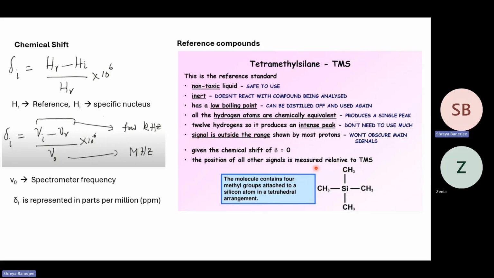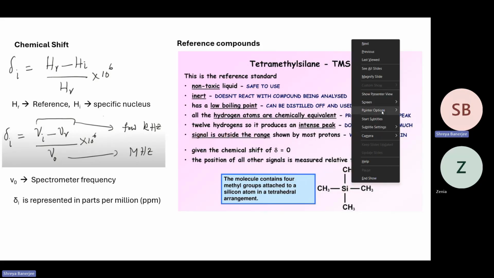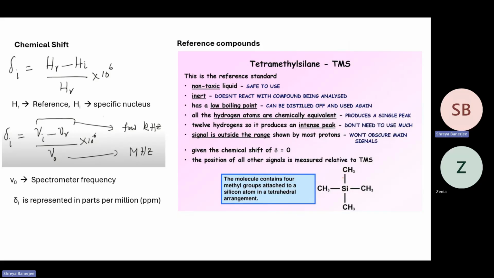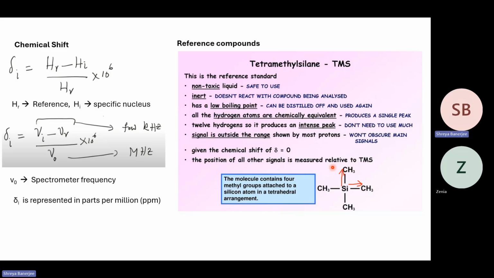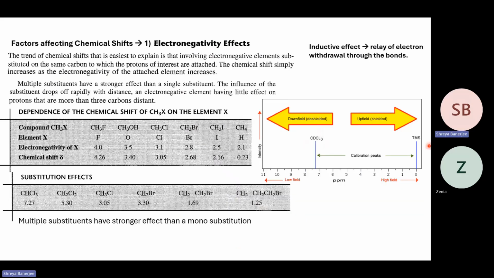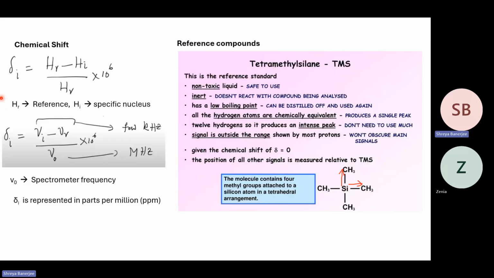And since silicon is more electropositive than carbon, the electron density of silicon will move towards the methyl groups. So these methyl groups are actually very shielded. Hence, since they are very shielded, they will appear far away from other molecules that you are analyzing.